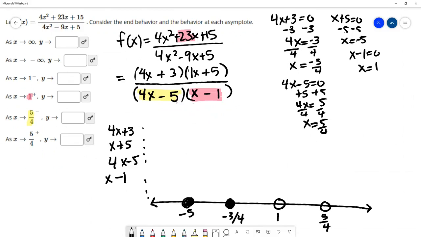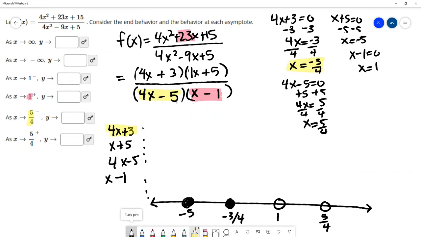So when you have a factor, it changes signs over its 0. So the factor of 4x plus 3 is going to change from negative to positive over the 0, negative 3/4.